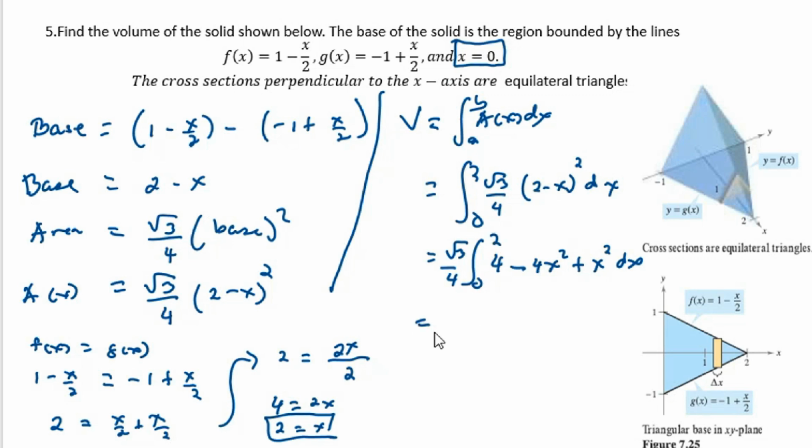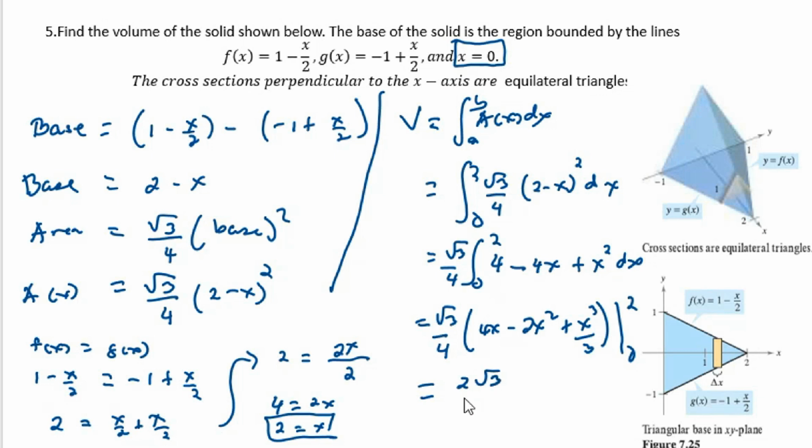Integrating, we have square root of 3 over 4 times 4x minus 4x squared over 2, or in simplified form 2x squared, plus x cubed over 3, evaluated from 0 to 2. By using the FTC, this gives us the answer of 2 square root of 3 over 3.